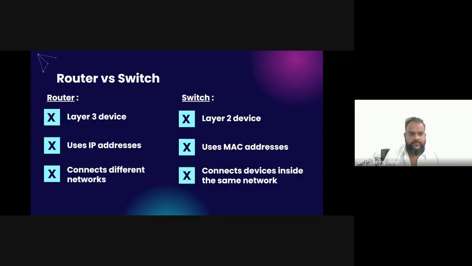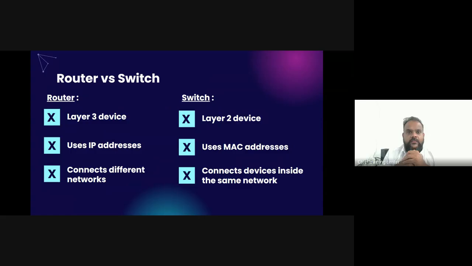Router versus switch. A router is a layer 3 device. This is more for theory, and we'll go practical in this class as well, but there's a core concept we have to make sure you understand. A router uses IP addresses and connects different networks. Whereas a switch is a layer 2 device. Router is layer 3, and the switch is layer 2.